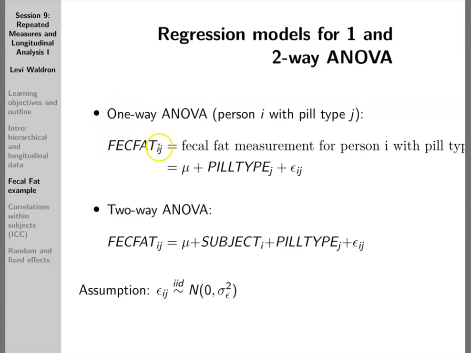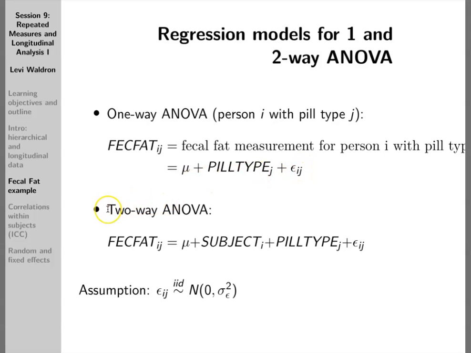The first one is the outcome, the fecal fat measurement for person I with pill type J, is an overall mean plus an effect of pill type. So this is the overall intercept plus an effect of pill type plus the residuals.